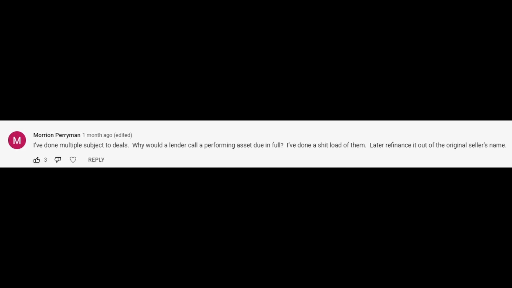Interest rates are going up, and with the Fed raising interest rates repeatedly and no end in sight, there's also no reason to think that interest rates on mortgages will not continue to go up. What happens if a lender accelerates the loan?